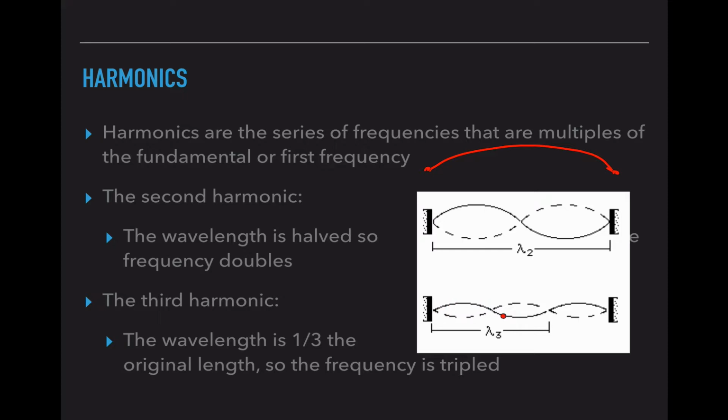In the third harmonic, the wavelength is again decreasing. It is becoming 1/3 of the original length, so the frequency is being tripled, because remember, these are inverse relationships. So the first harmonic is 1 crest, the second harmonic is 2 crests or 2 troughs, the third harmonic is now 3, so we would count 1, 1, 2, 1, 2, 3.